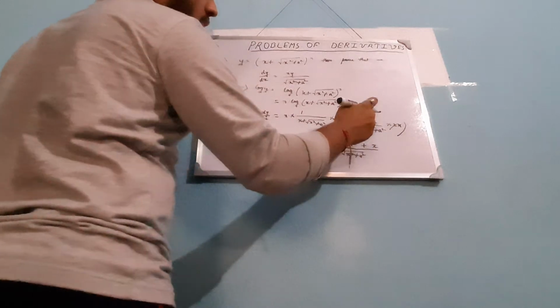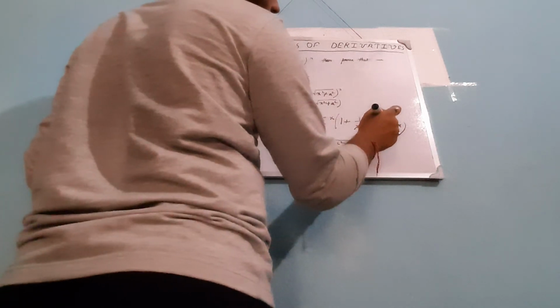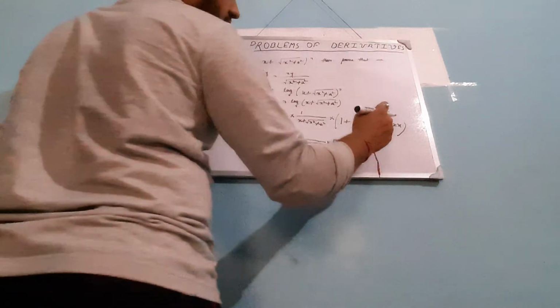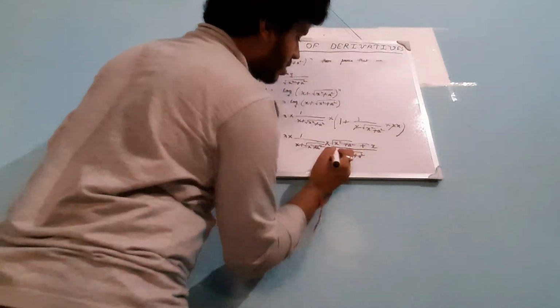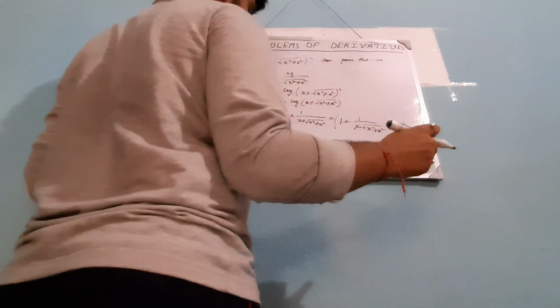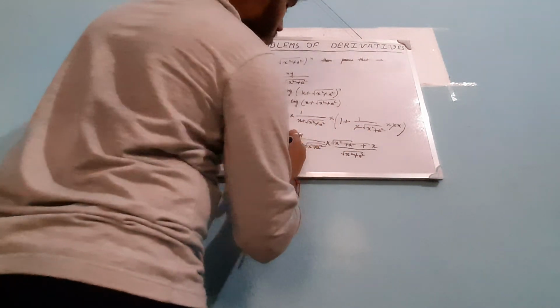You know this formula: root over x square plus a square will be here plus x because it is the LCM. So I am cutting this, because 1 by 1 you will cut, and this is the one.